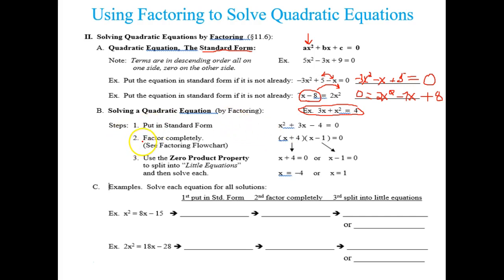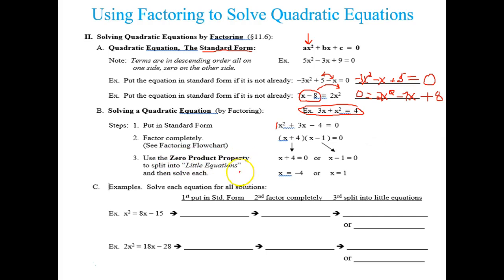Second step, factor completely. Factor the left side of the equation, or whichever side has the terms, factor that completely. Now, I can use the shortcut method because I have a 1 in front of the polynomial. And so the factors of negative 4 that add up to 3 are positive 4 and negative 1. So I'm going to put it in my parentheses, x plus 4, x minus 1. Okay, now I'm going to use what's called the zero product property.